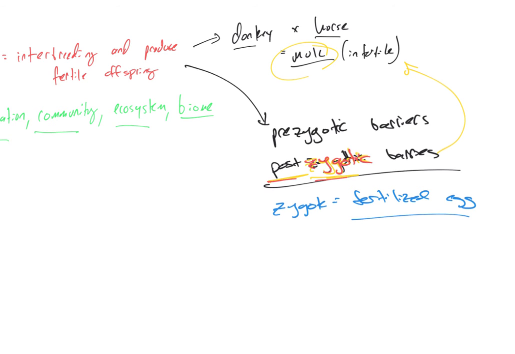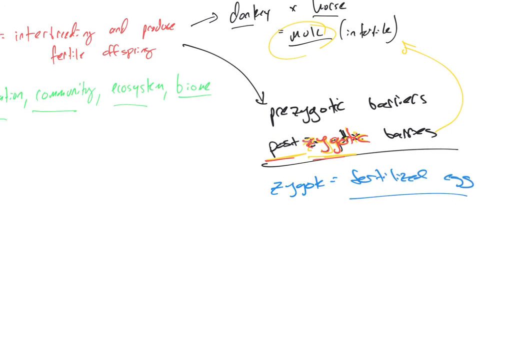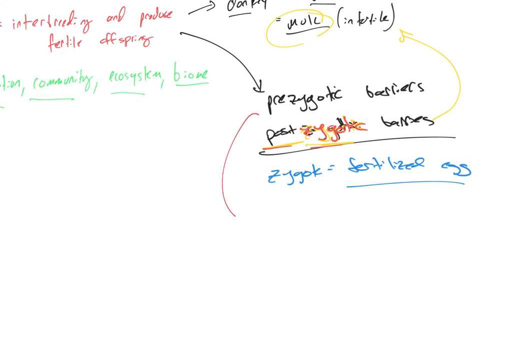So we have post-zygotic and pre-zygotic. Pre-zygotic barriers, there's three of them. Basically, we have temporal, we have behavioral, and we have geographic.